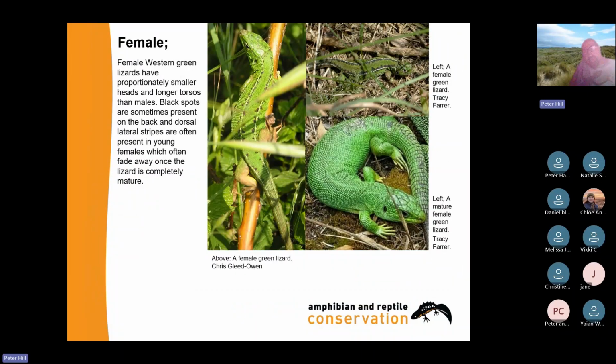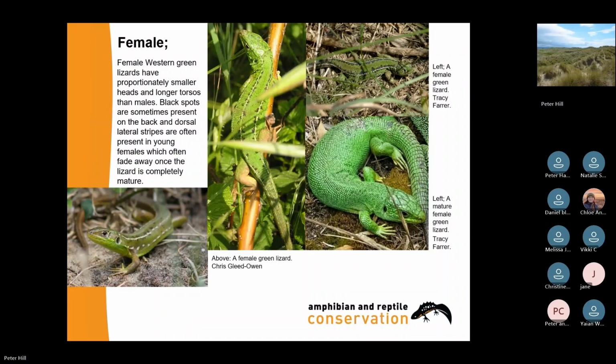Here's some females. Look at the two lines, dorsolateral lines, hence their name, bilineata. Adult females, as they mature, those stripes tend to fade away. So that's a very mature female on the right there. As a developing young female, a typical coloration, quite beautiful.